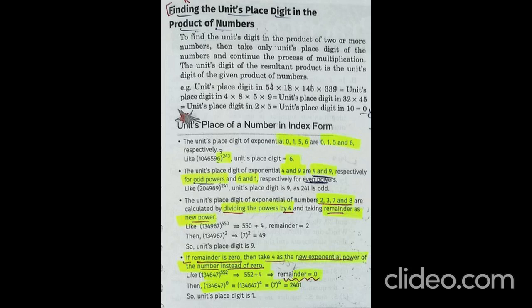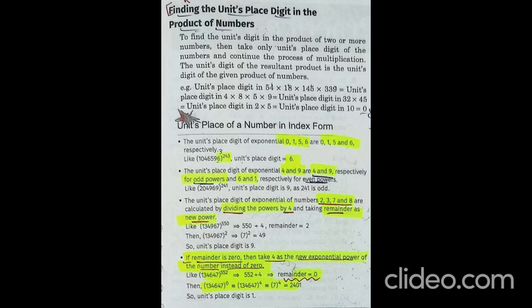Now next point, the unit place digit of an exponential of the numbers 2, 3, 7, 8 is calculated by dividing the power by 4 and taking the remainder as the new power. So what will be the unit place then? For example, take a number like 1349 to the power 550.